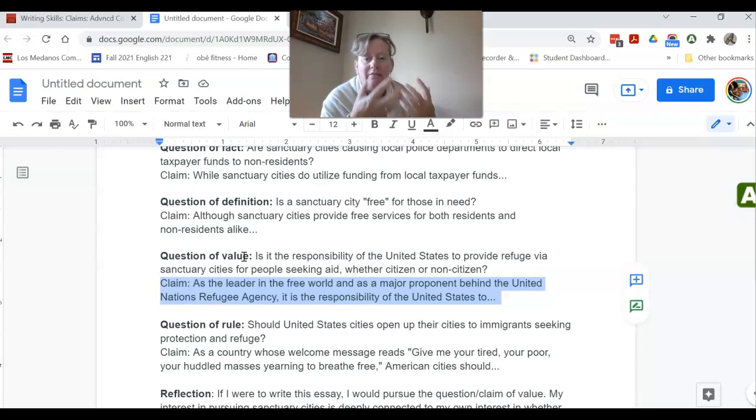Your question of value is almost kind of like a should question, but it's almost a moral question too, right? If you're going to be talking about social media and free speech, your question of value might address the responsibility that social media has to protect its consumers. That would be a question of value, right?